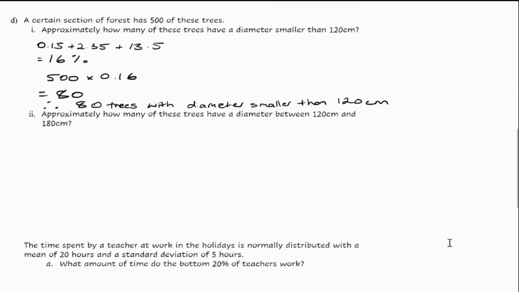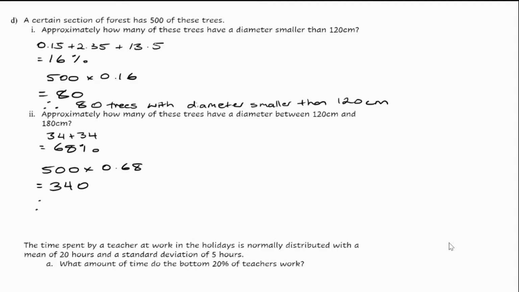So the percentage that I'm looking at is going to be 34 plus 34, which is of course 68%. So of my 500 trees, I need to have 500 times 0.68, or 68%. And putting this into my calculator gives me 340.